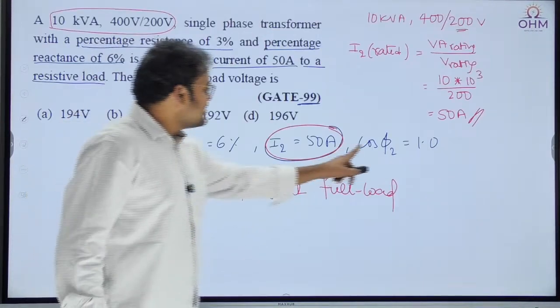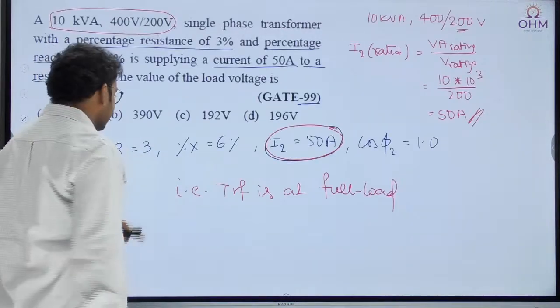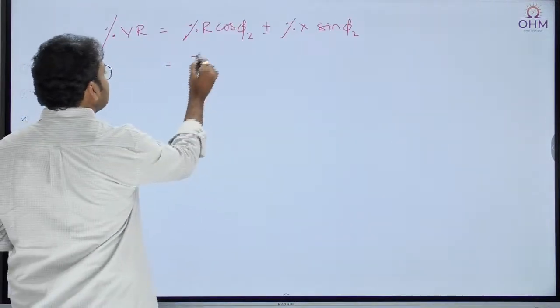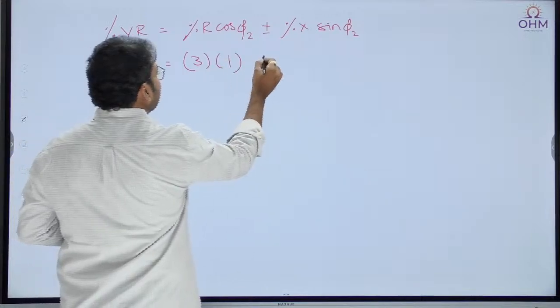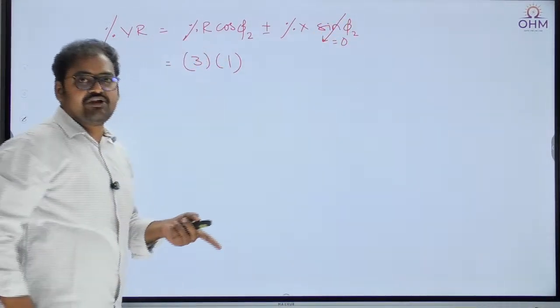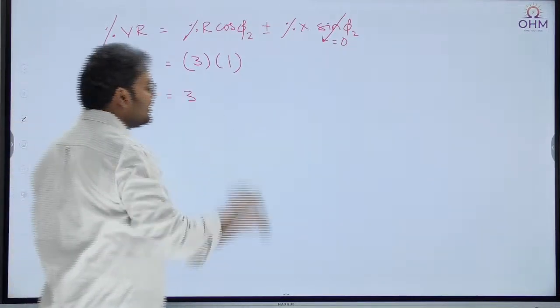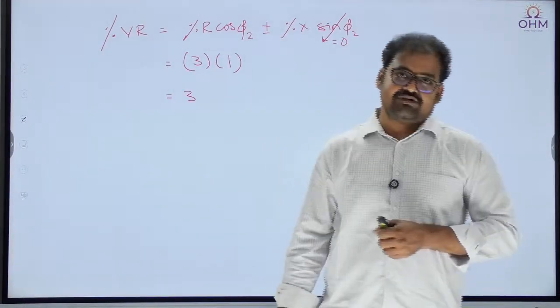Right now, what is cos phi 2? 1, because unity power factor. What is percentage R? 3%. 3 into unity. And remember, sin phi 2 is 0. Yes, because cos phi 2 is 1 means sin phi 2 is 0. Therefore, percentage voltage regulation is equal to 3%.